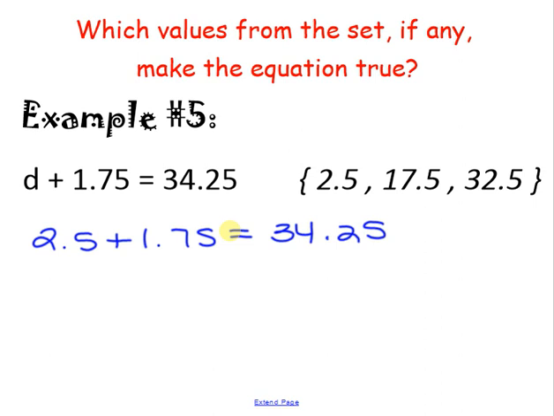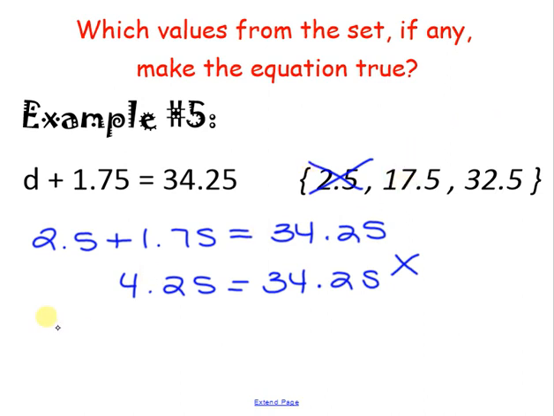With these, it's just a lot quicker if you use your calculator. So 2.5 plus 1.75 gives you 4.25 equals 34.25. Is that true? No. So 2.5 is not the answer.